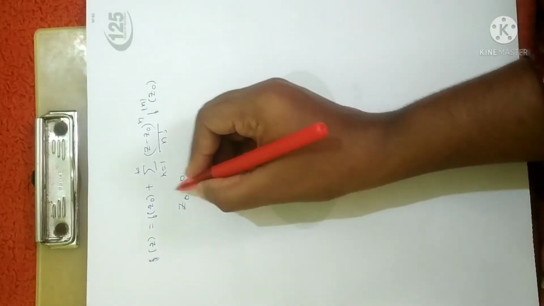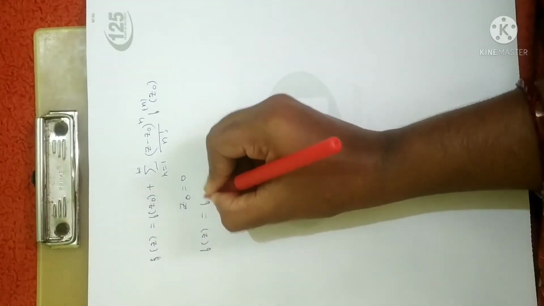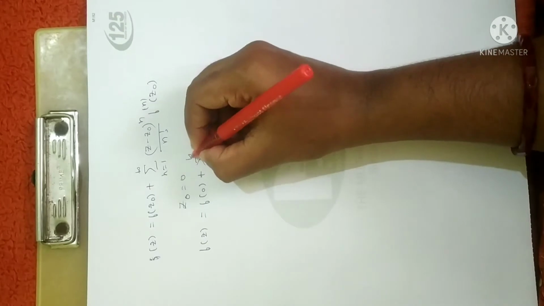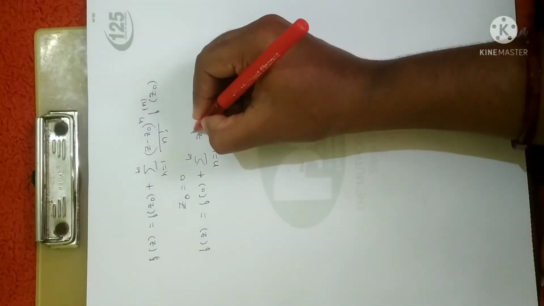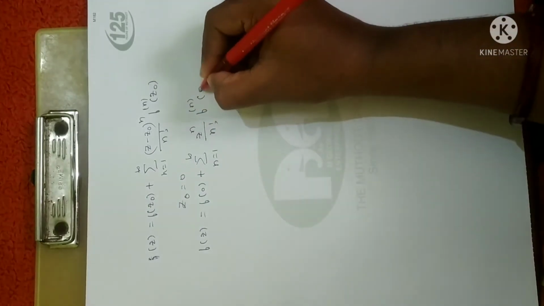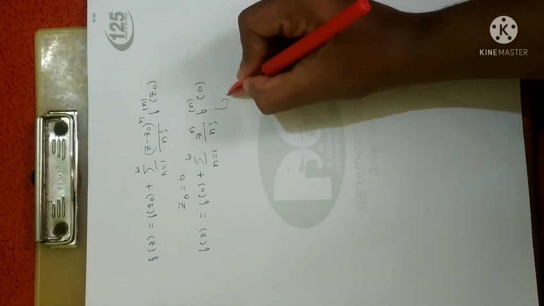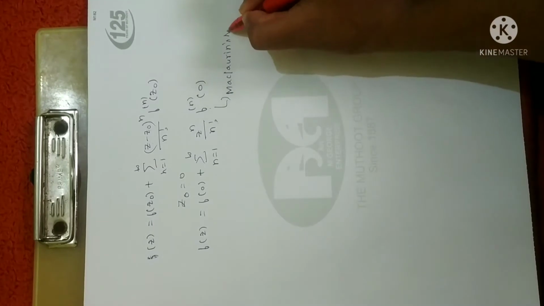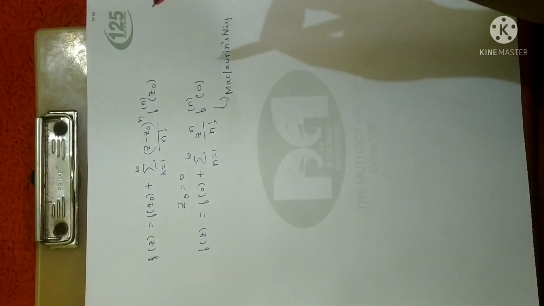So here also, when you replace z naught with 0, you will get f of z is equal to f of 0 plus summation n is equal to 1 to infinity, z minus 0 is z, power n by n factorial f power n of 0. Fine. So this series is called the Maclaurin series, in the sense that when you replace the initial value with 0 in Taylor's theorem, you get a Maclaurin series.